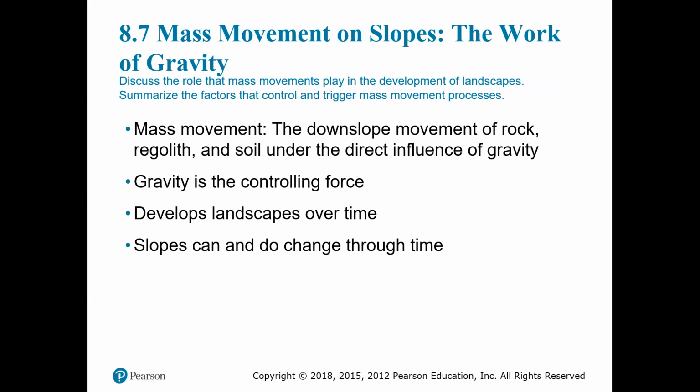Now, to switch gears again and cover our last topic for chapter 8, we're going to look at mass movements. Mass movements are when we get the downslope movement of rock, regolith, and soil due to gravity.